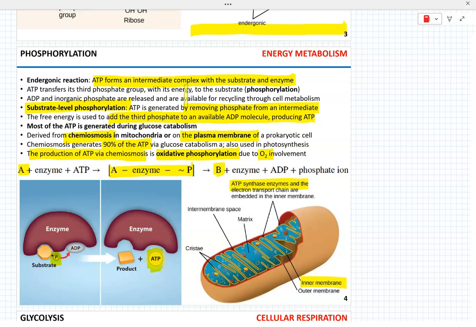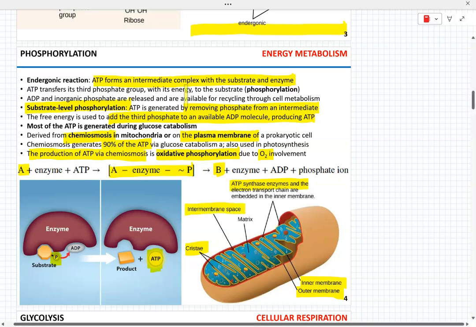As you may remember, mitochondria are double-layered organelles which contain outer and inner membrane, folds called cristae, matrix that is confined within the inner membrane, and the intermembrane space between the inner and the outer membrane. In the next few slides, we're going to cover the process of glucose catabolism, including glycolysis, transition step, Krebs cycle, electron transport chain, and oxidative phosphorylation.